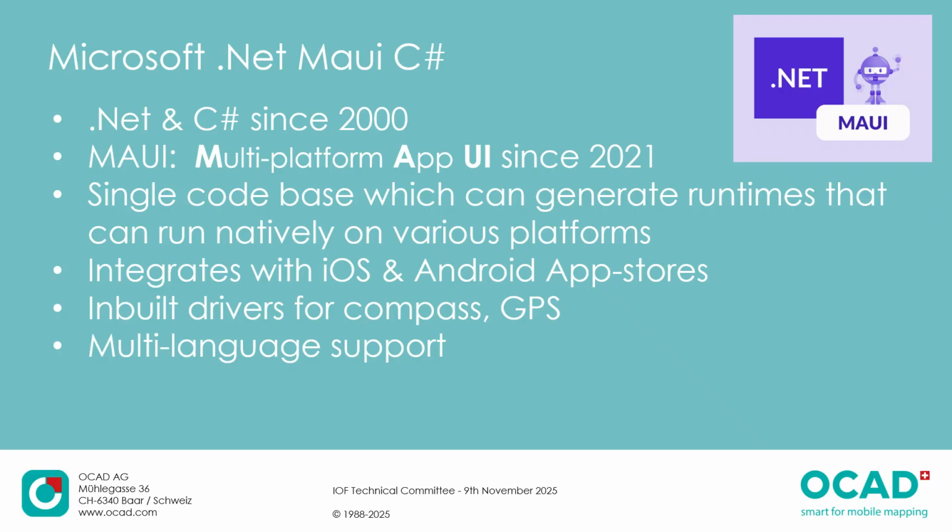It also integrates well with the iOS and Android app stores, so we can deliver runtimes directly to the stores, and then they can be downloaded by users. And obviously it also has inbuilt functionality for compasses and GPS, etc. And there's multi-language support.